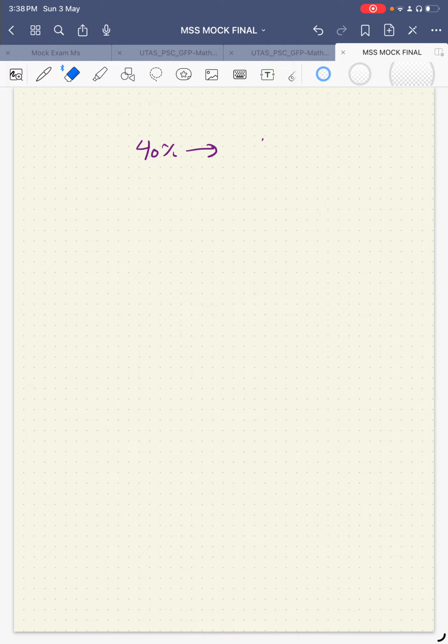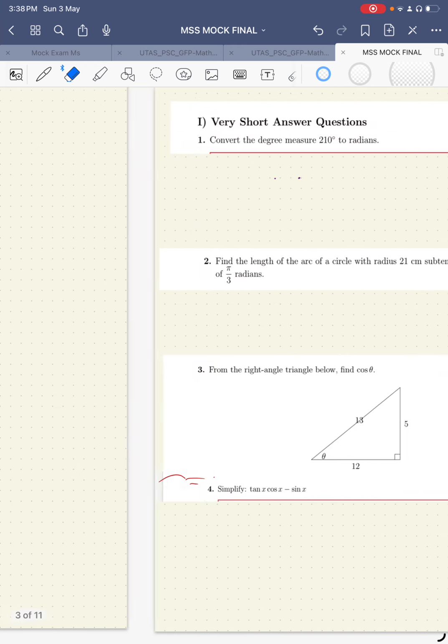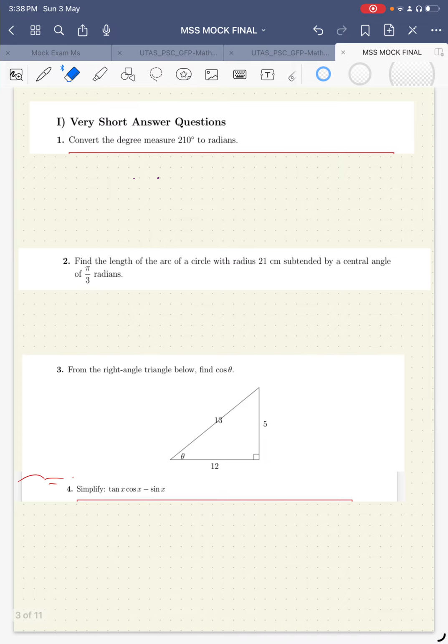So remember, you always need to write all your steps and all your mathematical reasoning in order to get the highest mark that can be obtained from each question. So without any delay, let's start our mock exam.